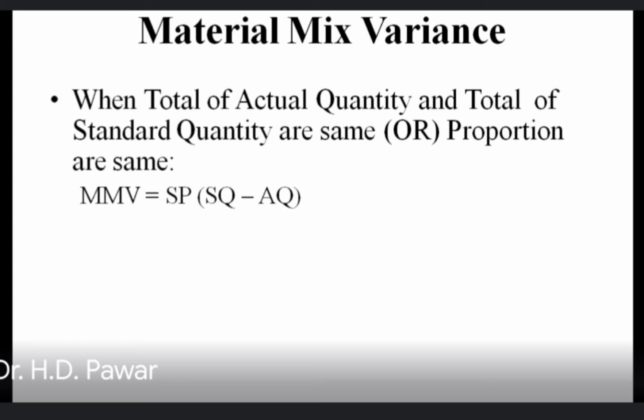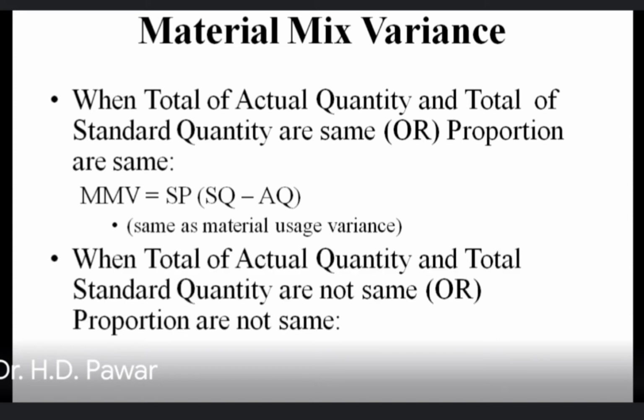And instead of material usage, you calculate material mix. Material mix ગણો કે material uses variance ગણો, બંનેનો જવાબ, બંનેનો meaning same થાય છે. એટલે બંને ગણવાની જરૂર નથી, આન્સર સેમ આવશે. તો જ્યારે total of actual quantity and total of standard quantities are same, then material usage variance is material mix variance. એ બંને same જ છે.